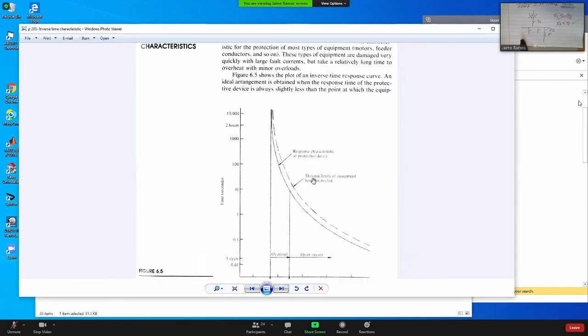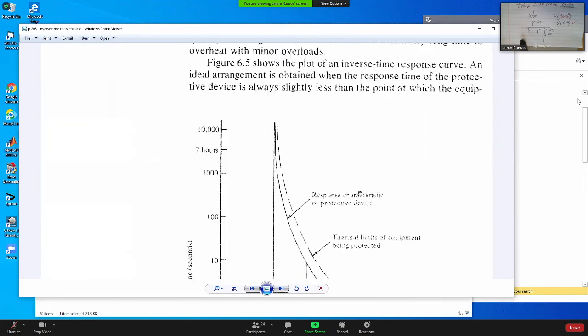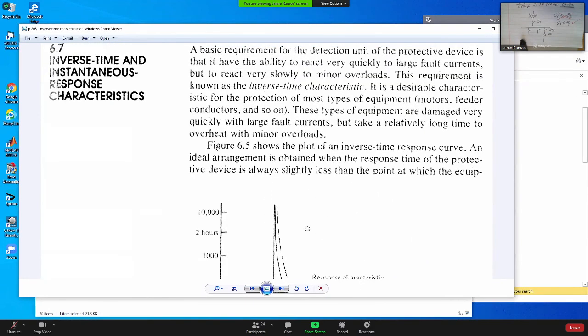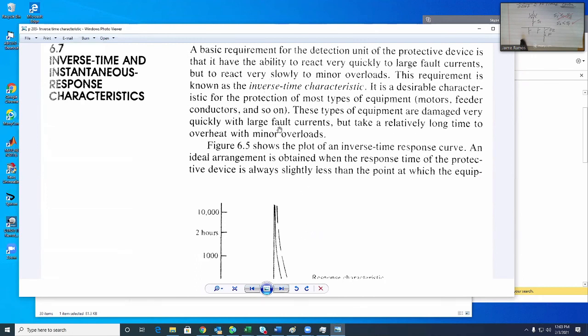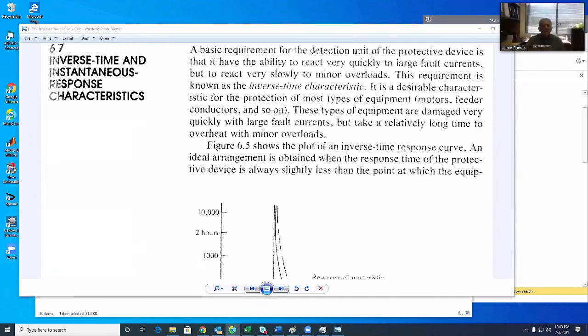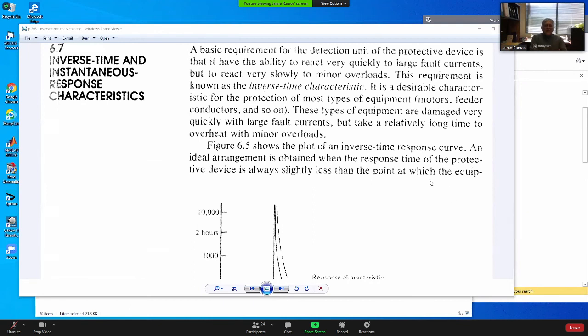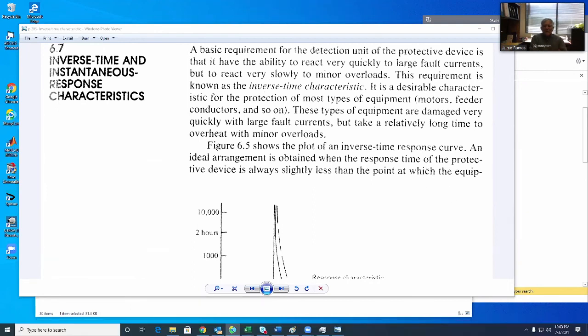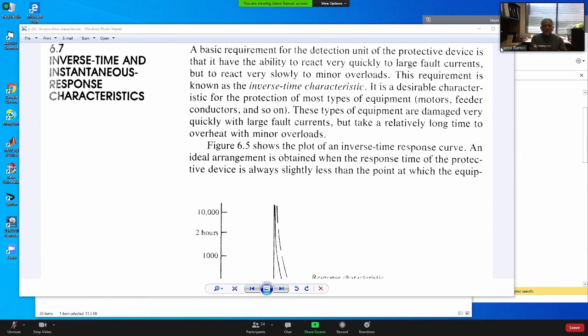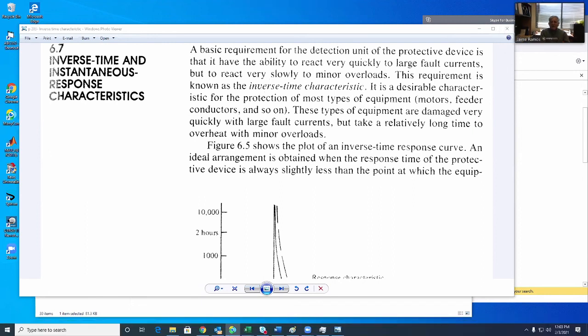Okay, so now inverse time characteristics. Let's read over here. The basic requirement for the detection unit. So there is a detection unit in the protective device. You have the ability to react very quickly to large fault currents, but very slowly to minor overloads.